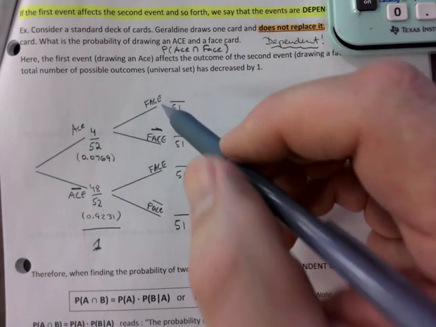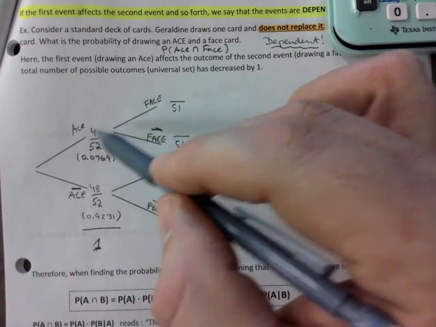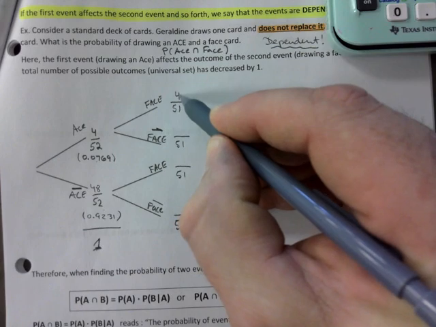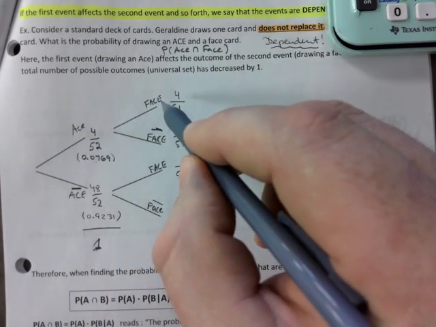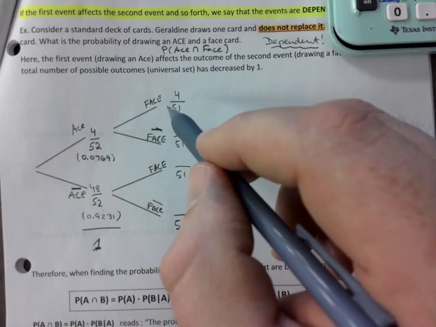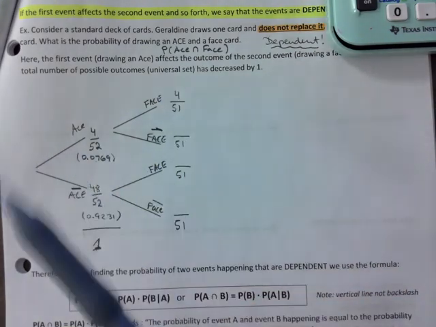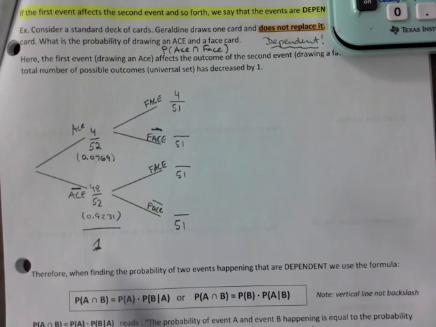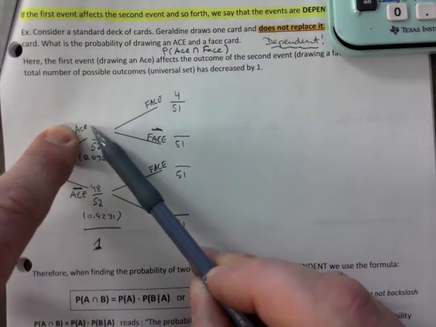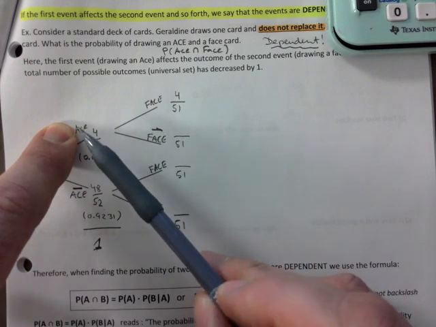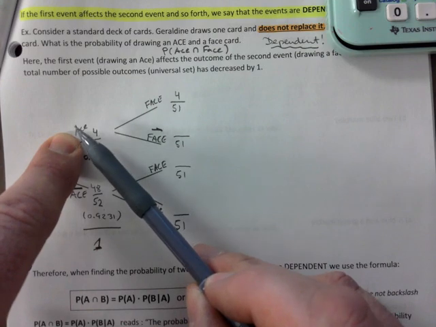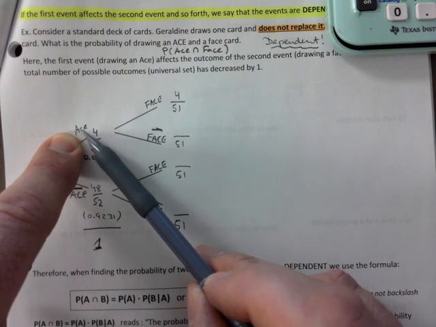Okay, if the first one is an ace, you grab it, you still have 12 faces left, because the ace doesn't take away from the face. Got it? You understand what I'm saying? If you go down this branch, the probability of grabbing an ace is 4 out of 52, right?